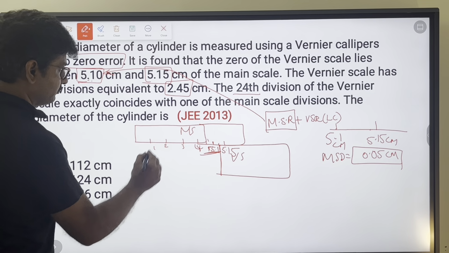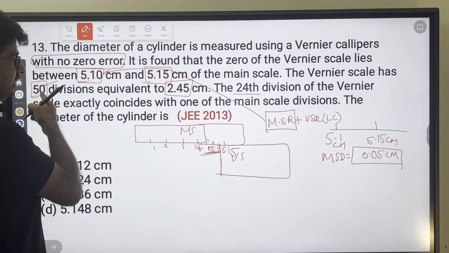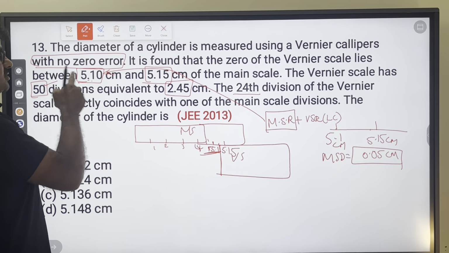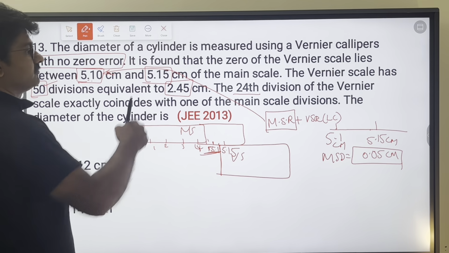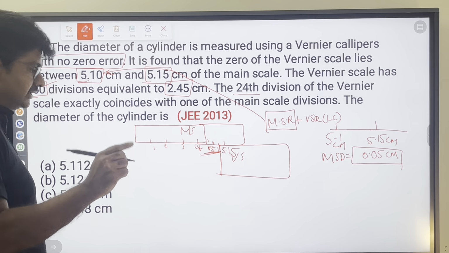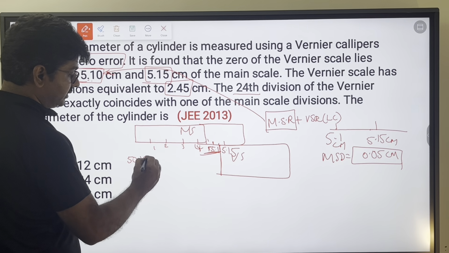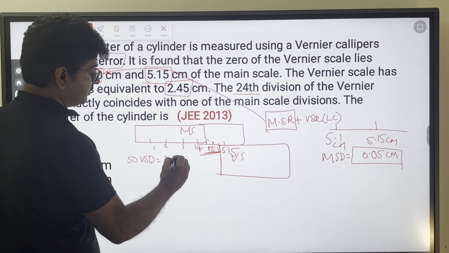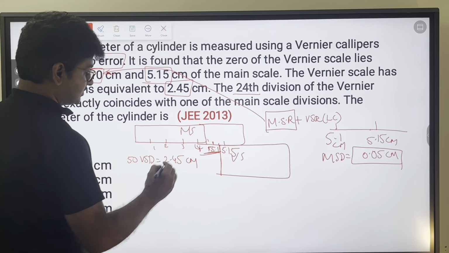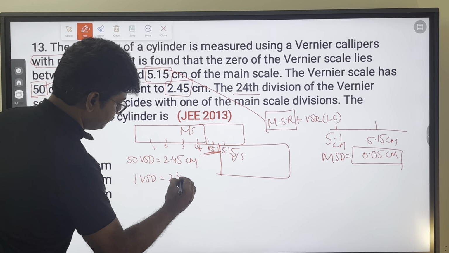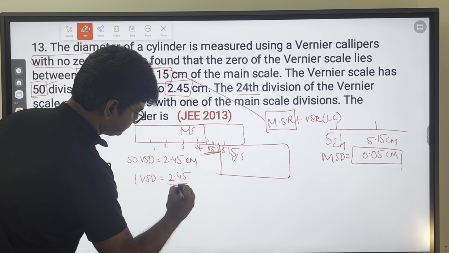So 2.45 centimeters by 50 will give you how much is 1. Because 50 vernier scale divisions are equal to 2.45 centimeters, one division will be equal to what? Therefore 1 VSD is equal to 2.45 by 50.